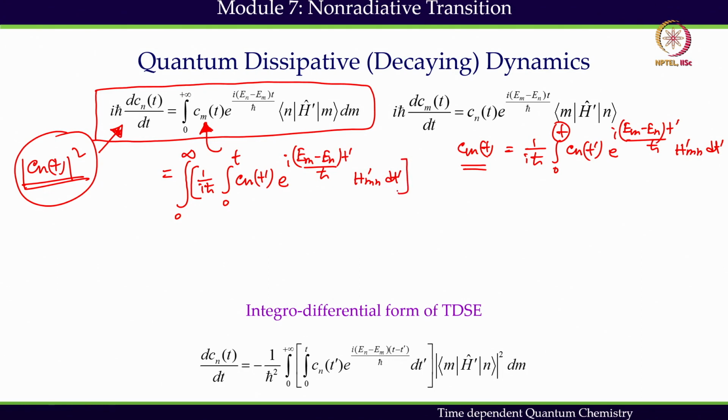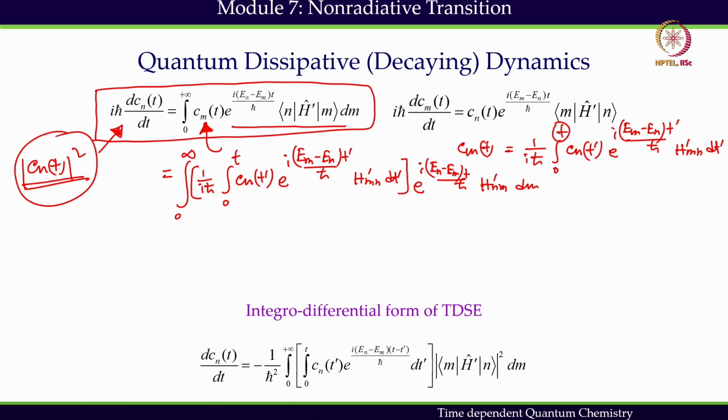That's the first integration, Cm, and then the remaining part is here. That is going to be e to the power i (En minus Em) t by h cut, and then I have this Hnm. That's the total integration I have.